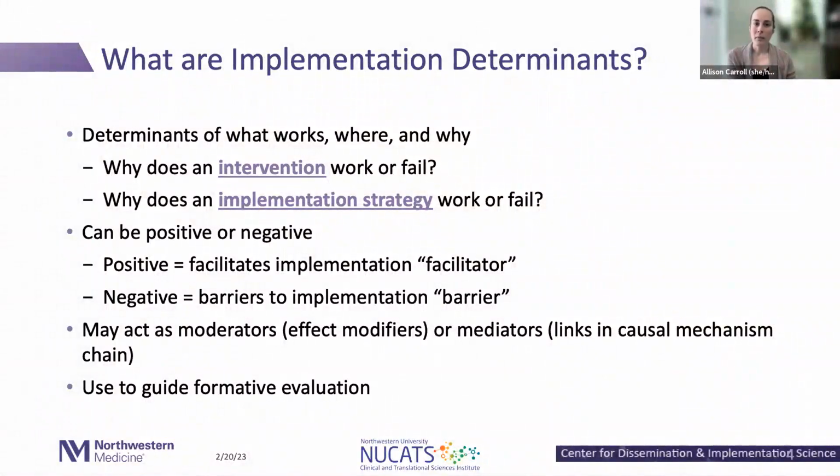And I'll give you just one other thing that I found really helpful when I started with implementation, which is to think about implementation determinants. We're all much more familiar with the idea of social determinants of health. And so we see one item on a spectrum. So socioeconomic status, or SES, for example, we can see on a scale: when you have low socioeconomic status, that can be a barrier to health. It can be a barrier to accessing healthcare.